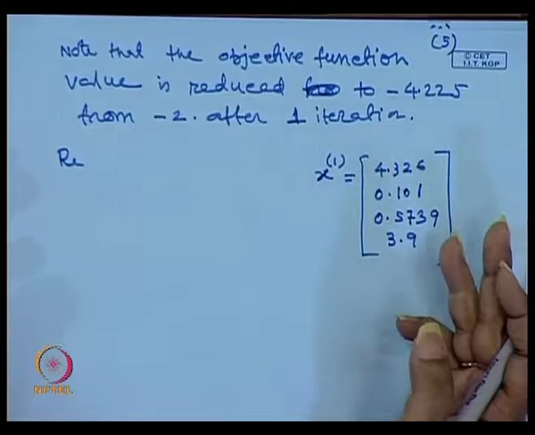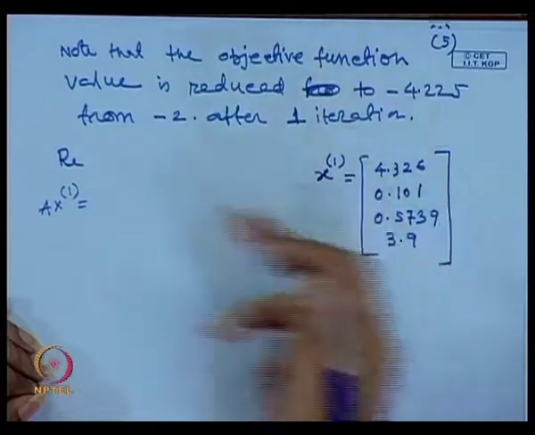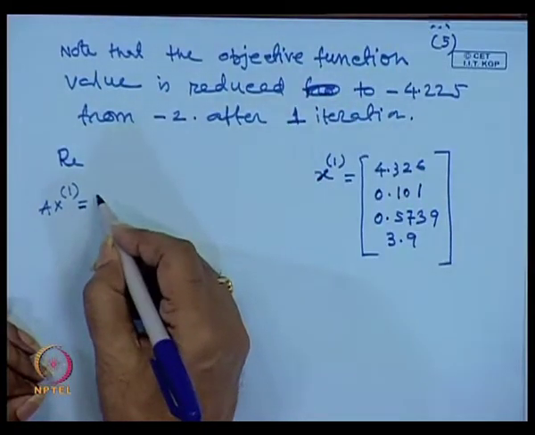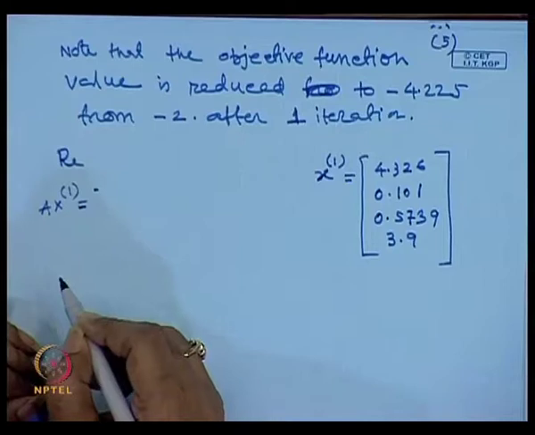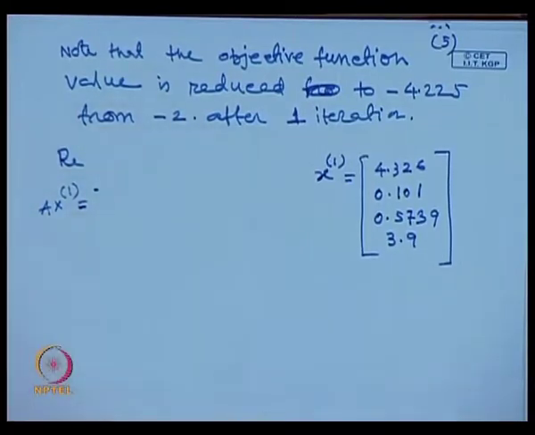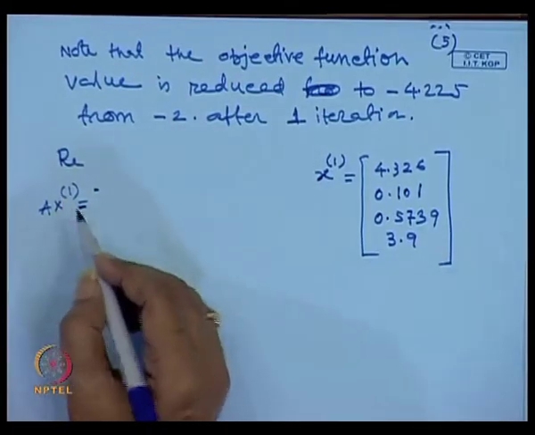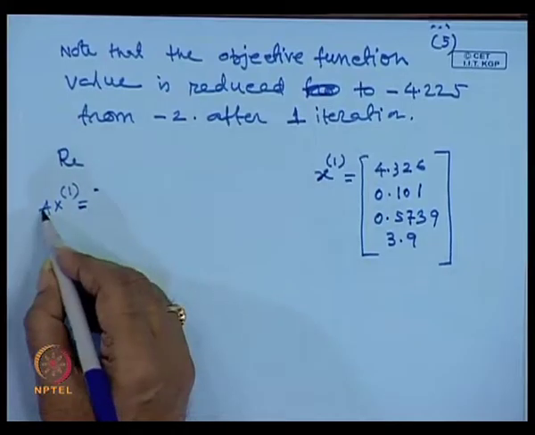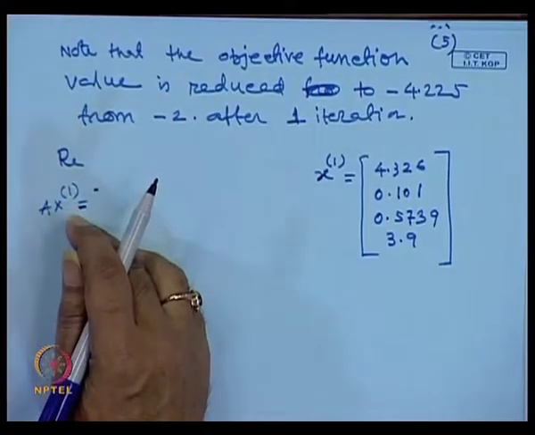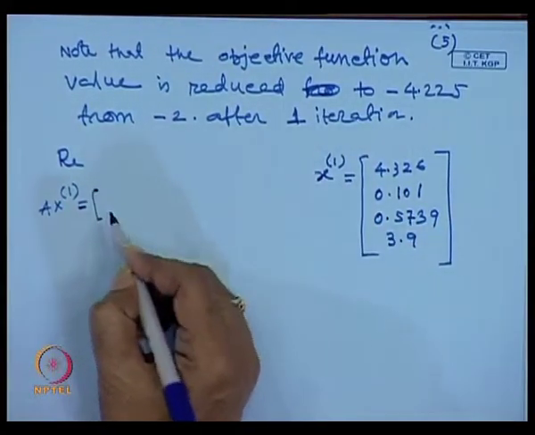If you want to check it, you can check it with x of 1, because you have solved this way, only an interior point. Our basic equation, if you see x superscript 1, you take the x 1 and x 2 terms, and you will get the values 5 and 4.